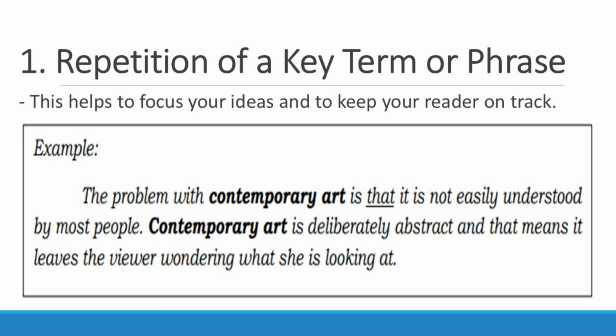So as you can see, we have words that are being repeated in this example, and those words are contemporary art. So meaning to say, we may use the cohesive devices by just repeating the key term or phrase in order for us or for our reader to focus on the idea of the paper.